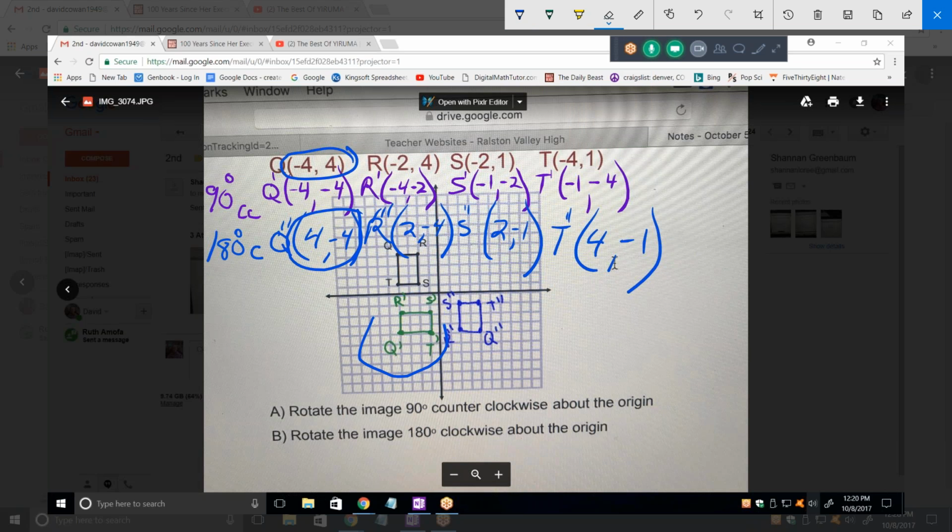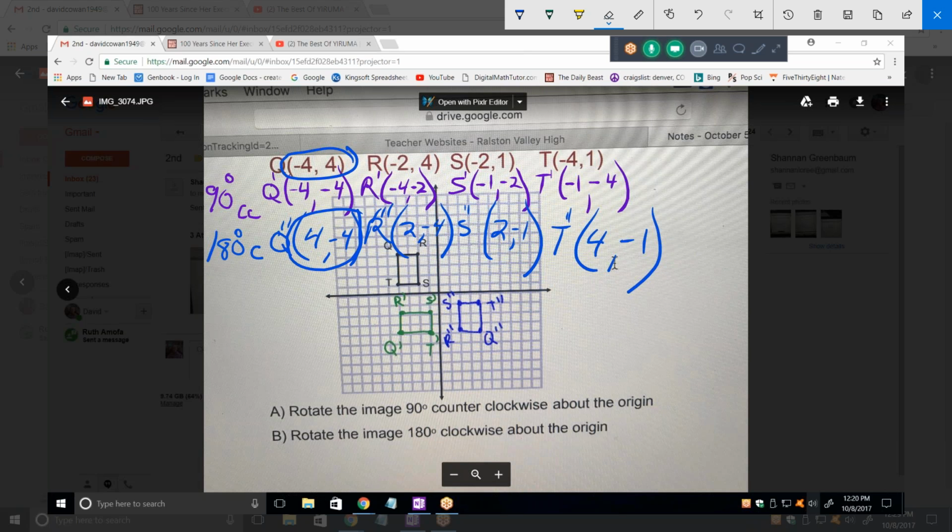In other words, we originally got the blue by doing 180 degrees clockwise on the brown. And we originally got the purple by doing a 90 degree counterclockwise.